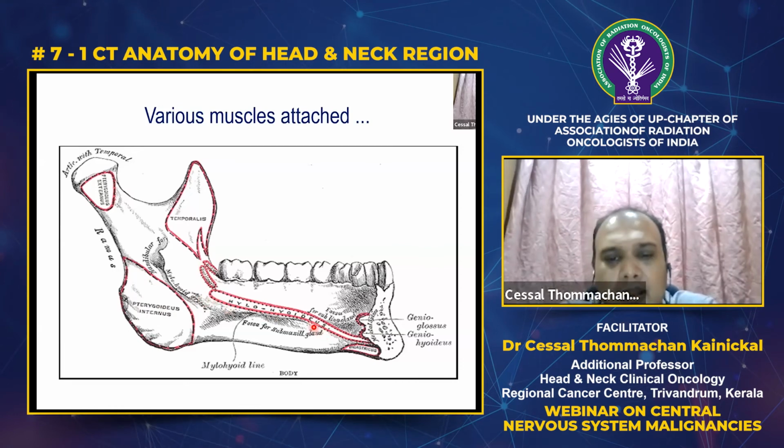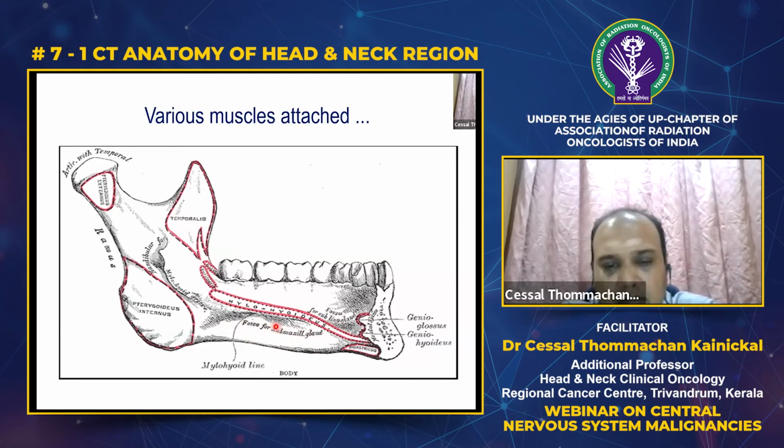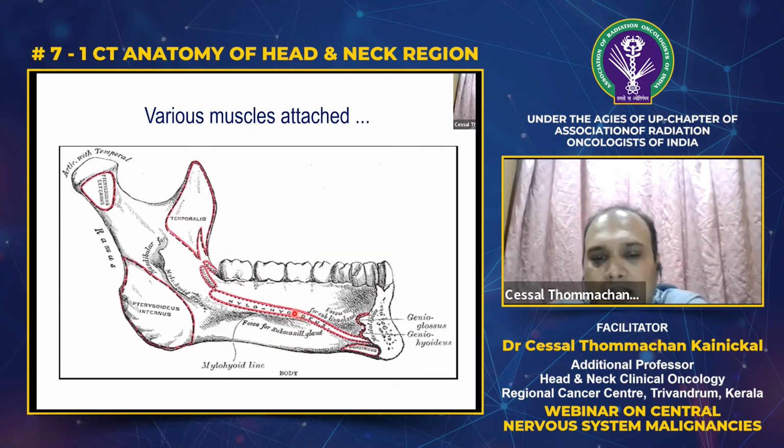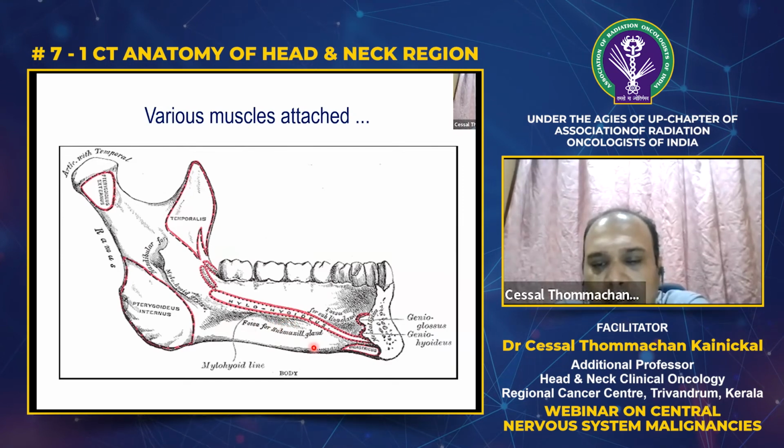Then the mylohyoid muscle divides the sublingual space from the submandibular space. So this is the sublingual space, this is the submandibular space, and the submandibular gland is here. When you need to contour level 1B, you need to look for the mylohyoid muscle at that level.